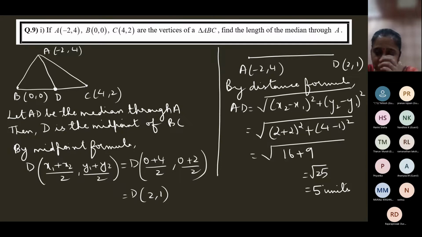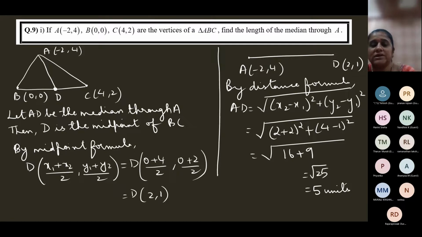So the length of the median AD is 5 units. Length of the median means the distance formula.